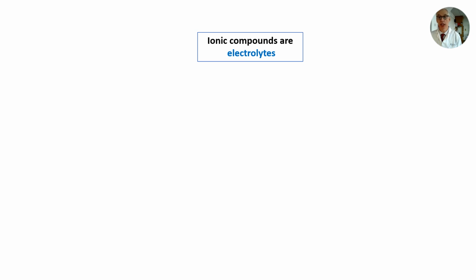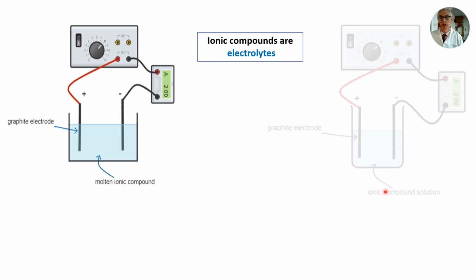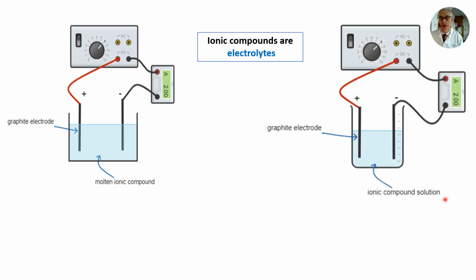Let's discuss the word electrolyte, which appears in the specification. Here we're going to look at ionic compounds in the molten state and ionic compounds in the dissolved or solution state.